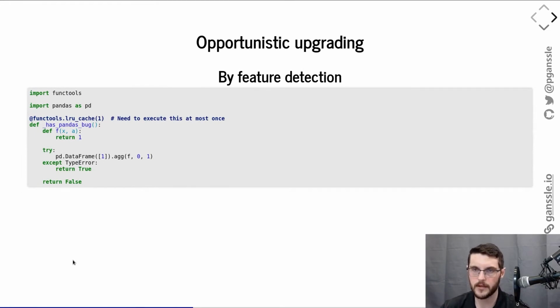Well, there's two ways to write this function, or two general strategies. One is to use feature detection. Sometimes the missing feature is like an attribute or a function that either exists or doesn't exist. In this case, it's a bug, and the minimal reproducer is easy enough that I can just write a little function that tries to hit the bug deliberately, and if it does hit the bug, return true, otherwise return false.